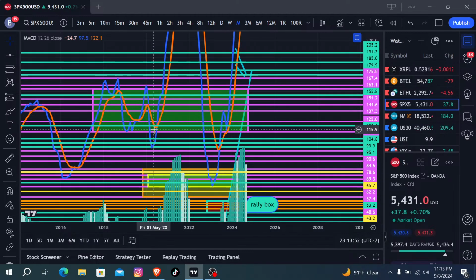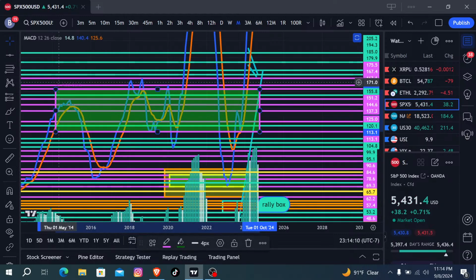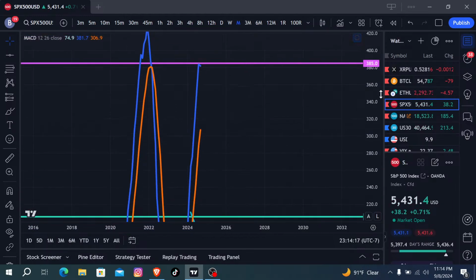So look, this is the main area. Honestly, I forgot what I did here. I wonder if I did this with the monthly. Because honestly, we're way far away from worrying about this area for the monthly. But this is pretty much your foundation. If it ever does come down, this is the area that's going to be stopping it. Because we're way up.